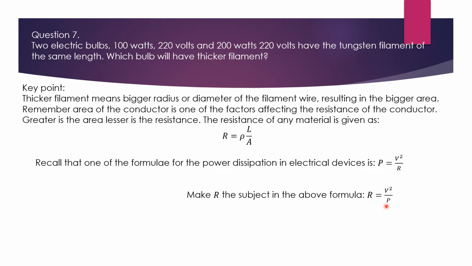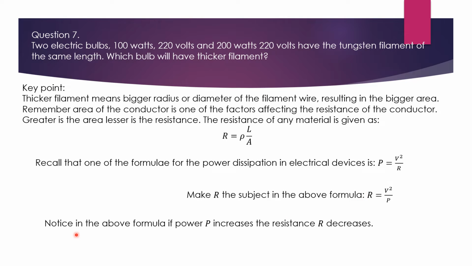That means in order to have more power, we need less resistance of the filament. So again, notice in the above formula, if power P increases, the resistance R decreases.